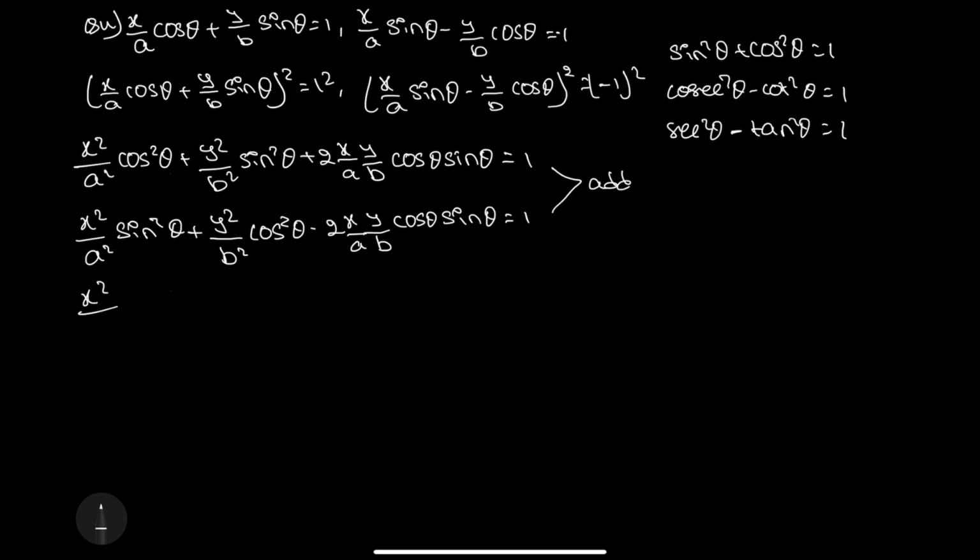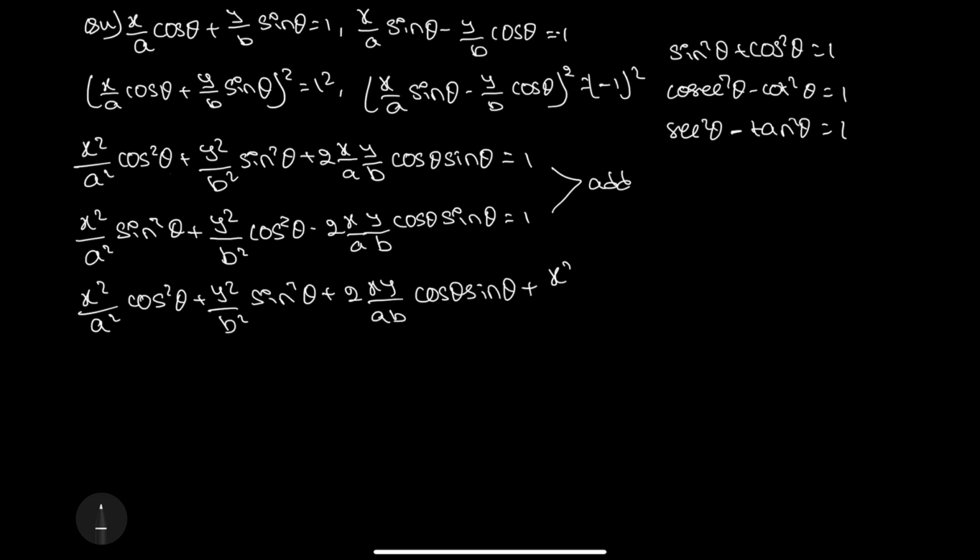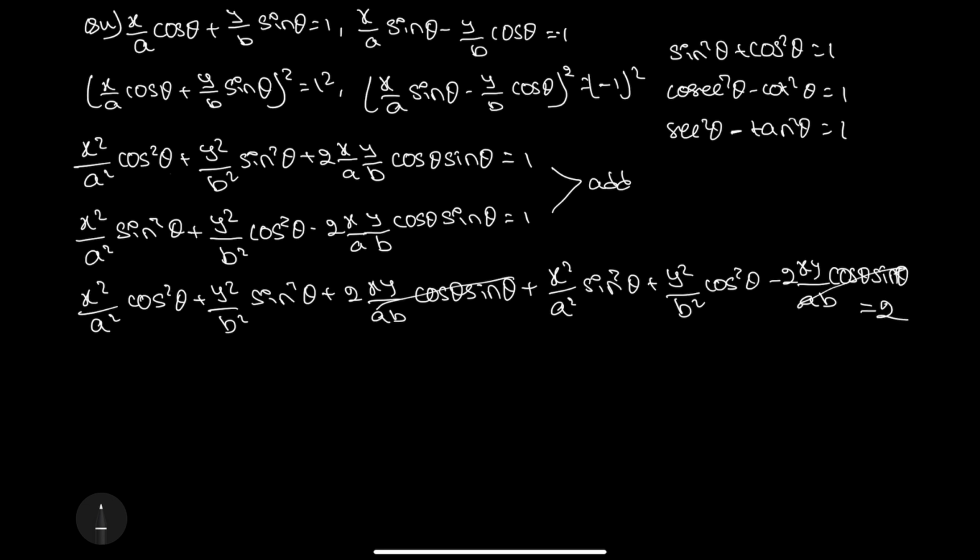We'll get x square by a square cos square theta plus y square by b square sin square theta plus 2xy by ab cos theta into sin theta, plus the second equation, which is x square by a square sin square theta plus y square by b square cos square theta minus 2xy by ab cos theta into sin theta. And here we have 1 plus 1, which is equals to 2. And here we have the plus term and the minus term. We can cancel that out.